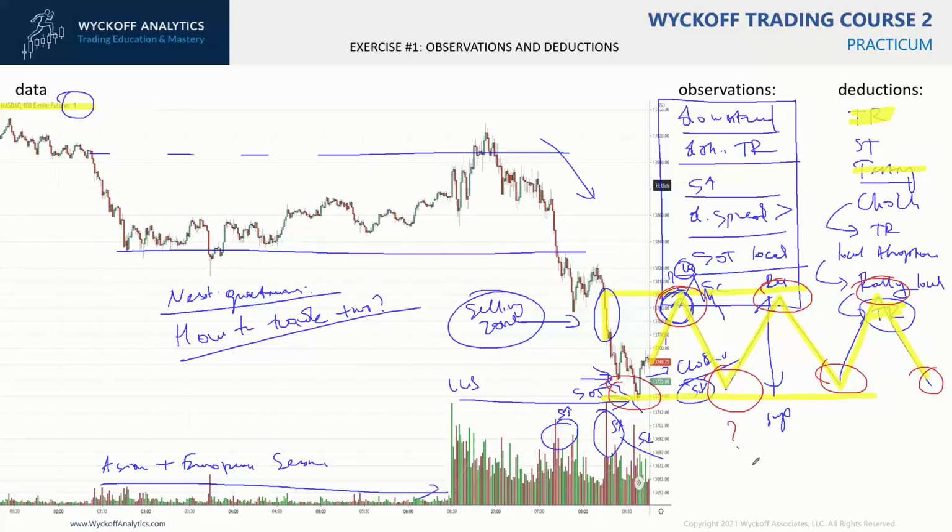But if we're in the trading range, our only possible tactic is going to be to trade a trading range. So let's do exactly that. Let's buy here. Let's sell here if the signs are correct. Let's buy here again if the signs are correct. And let's sell here if the signs are correct. And let's have two positions. One is based on the conditions of this trade, and the second one is based on the confirmation.